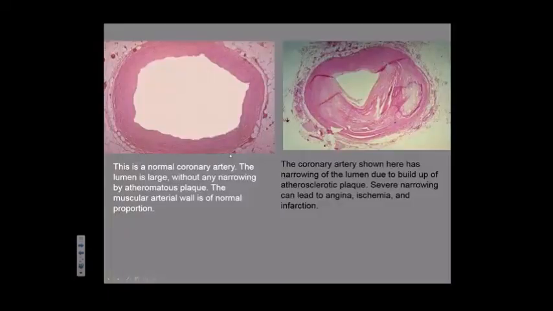Okay, so this is a normal coronary artery on the left, okay, and a coronary artery with atherosclerotic plaque. And this is going to obey Ohm's law, right?